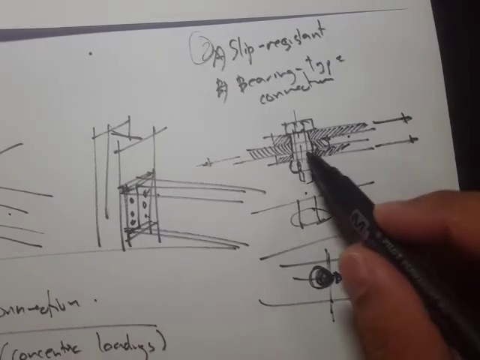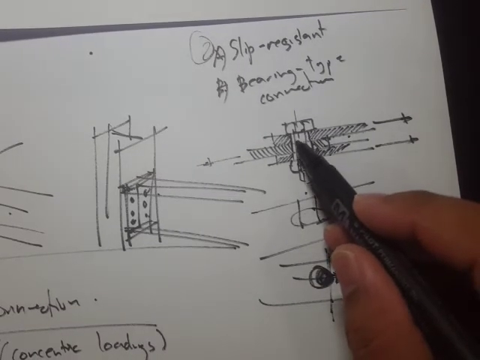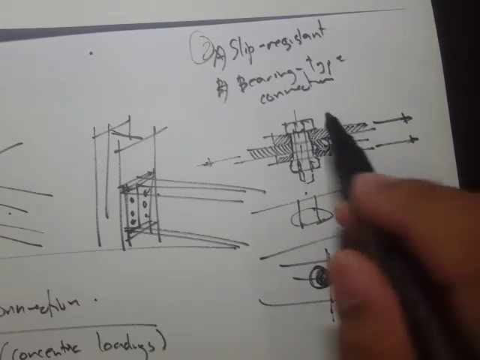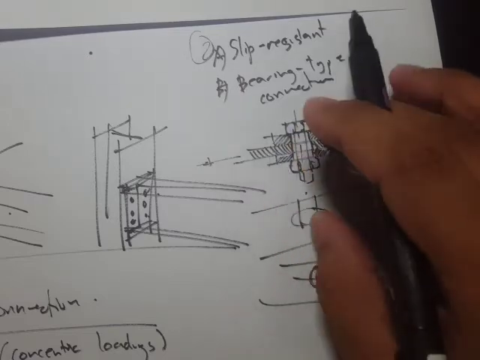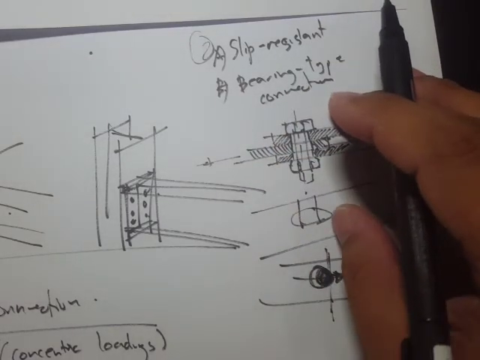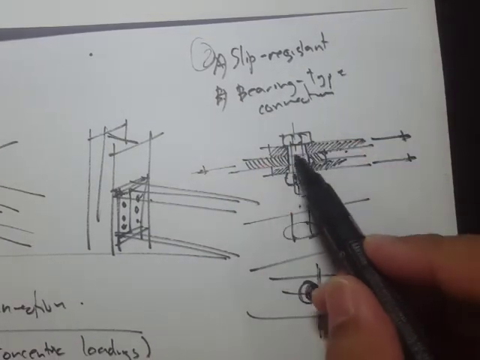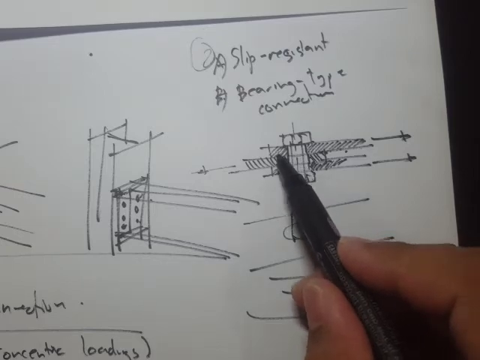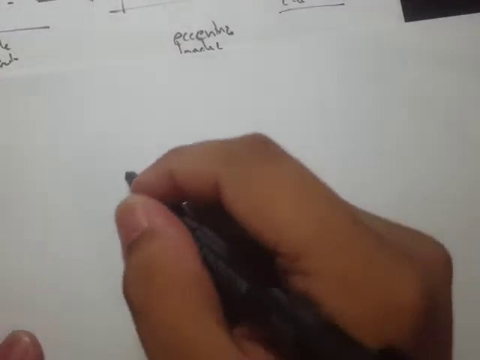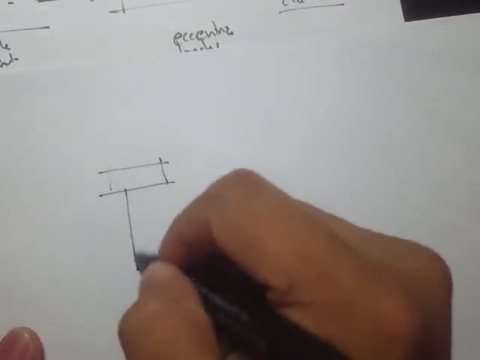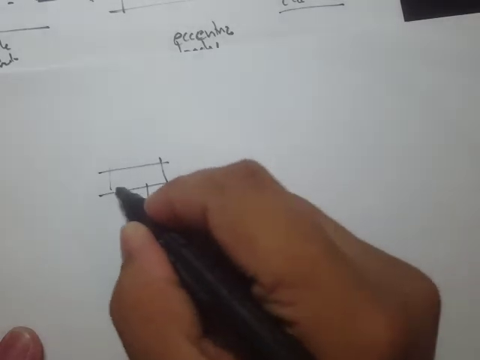The bolts here are under shear forces, and I think you have already encountered this type of loading in mechanics of materials, where we evaluated the shearing planes. The other type of connection, the slip resistant, is a different thing, but let's draw the same configuration or the same setup.